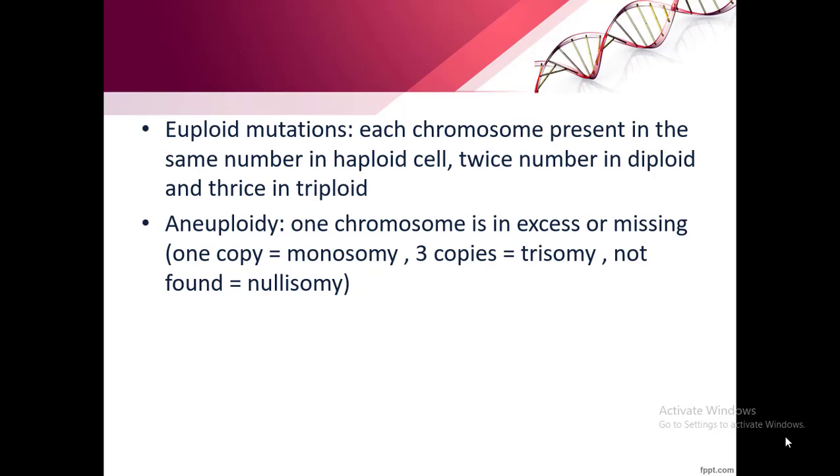The chromosome can be present twice in a diploid cell, or thrice in a triploid cell. The aneuploidy is anything abnormal about the chromosome number. It could be in excess or missing, so that if there is one copy, it is monosomy, 3 copies, trisomy, not found, nullisomy.